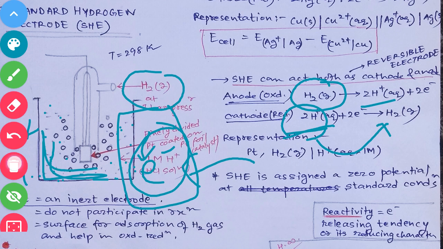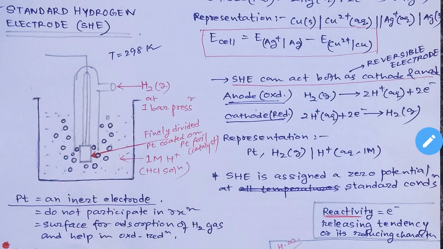So in this standard hydrogen electrode, oxidation occurs when H2 gas changes to 2H plus ions, leaving out the 2 electrons. Now in the beaker also H plus ions are there.